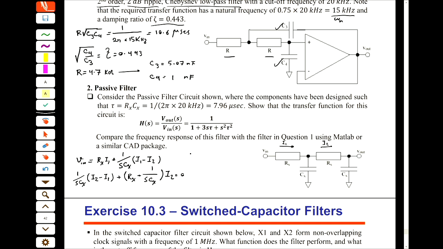And then I know that V out equals 1 over S Cx I2.